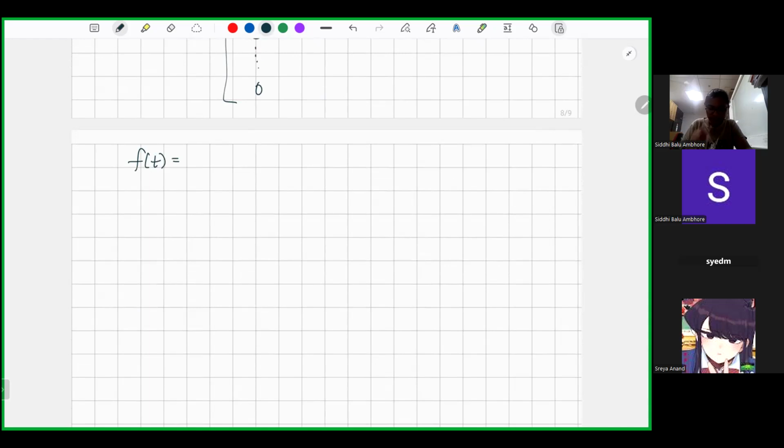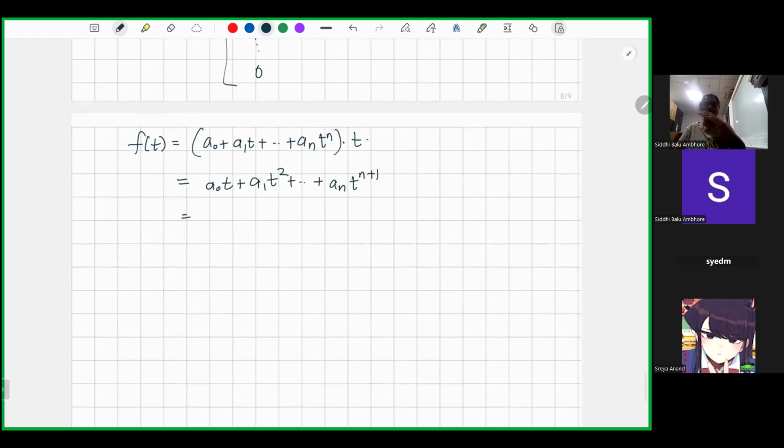F of t will be, again, this y of t, which is a naught plus a1t plus a n t power n into t. And what this will give me is a naught t plus a1 t square plus a n t power n plus 1. So if I want to write it in terms of the basis, it is 0 into 1, I'm writing 1 instead of t power 0, plus a naught t plus a1 t square plus a n t power n plus 1 plus, now again, 0 t power n plus 2.